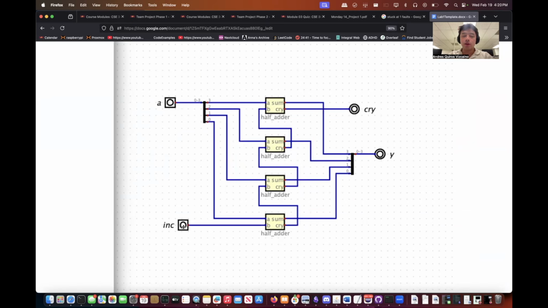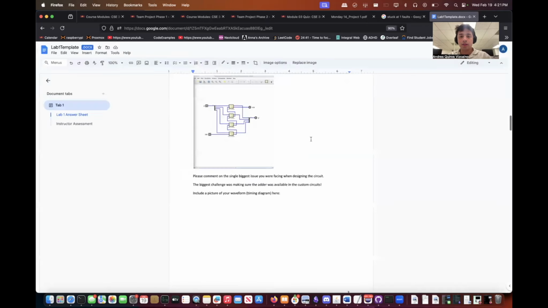If you press the carry input, then it would turn this one on or carry input to the next one, and then it goes again. Hopefully you can see my mouse. It carries again until the outputs are Y, which is a 4-bit output, and the carry.